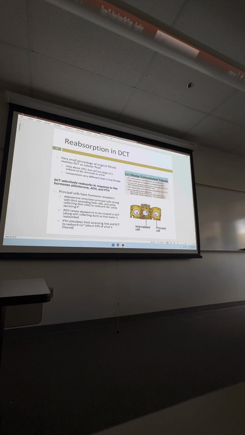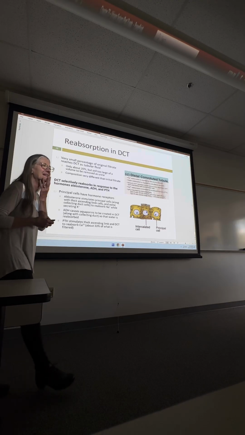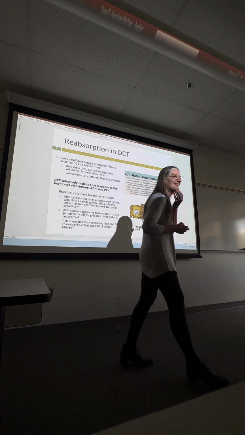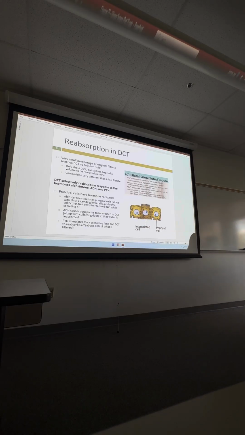Where does hydrogen and bicarbonate come from? Let's think about that. Carbon dioxide and water. And this, by the way, goes both ways. CO2 plus water forms carbonic acid, which is dissociated by carbonic anhydrase into bicarbonate and hydrogen ions.